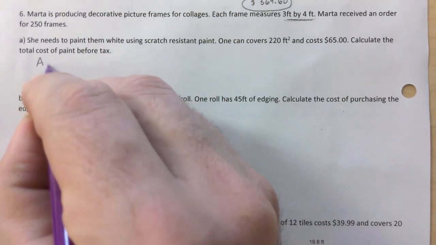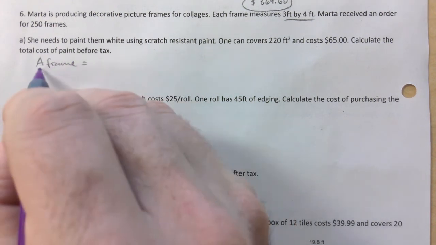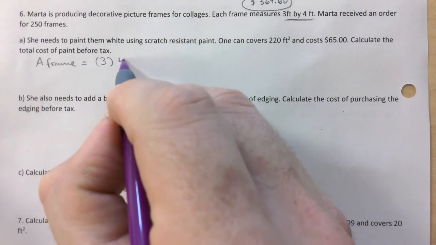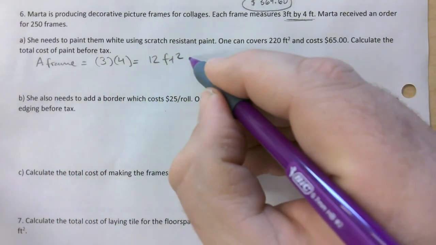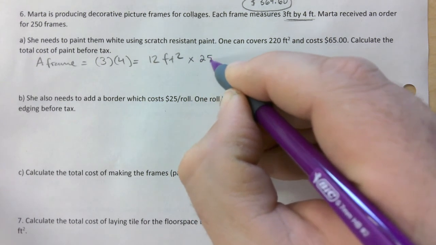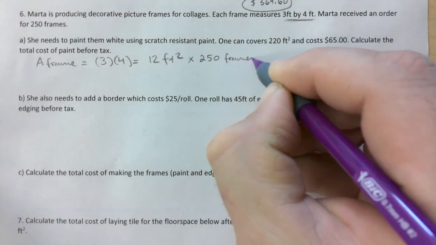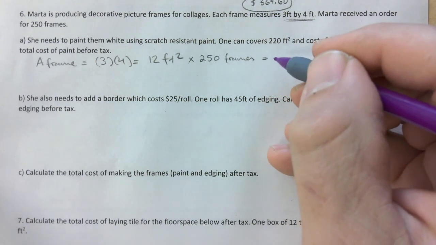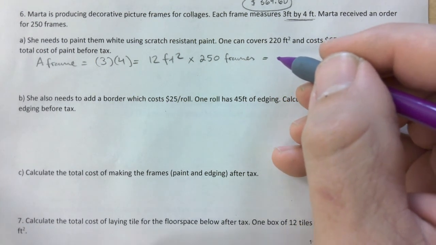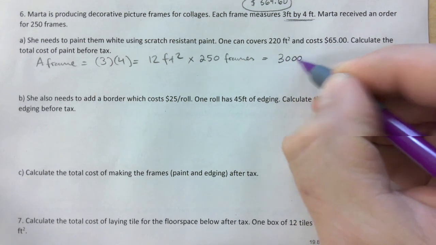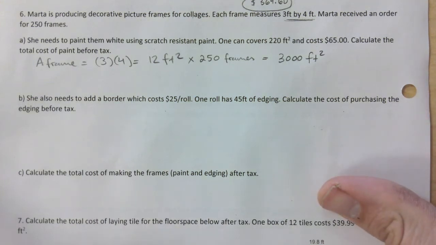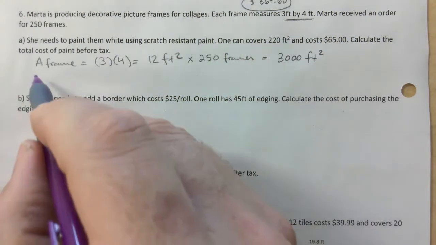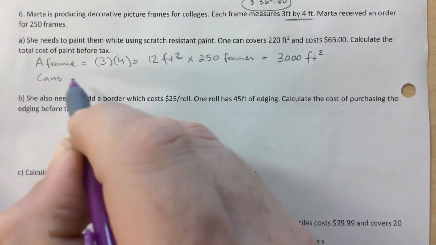So area of frame, you know how we do area of room, it's just 3 times 4, which is 12 square feet. You are doing 250 frames. You're producing 250 frames, so that's where that comes in. So it's the equivalent of you needing to paint 3,000 square feet. Okay? So how many cans will you need?